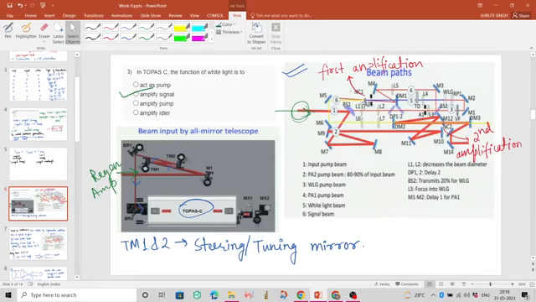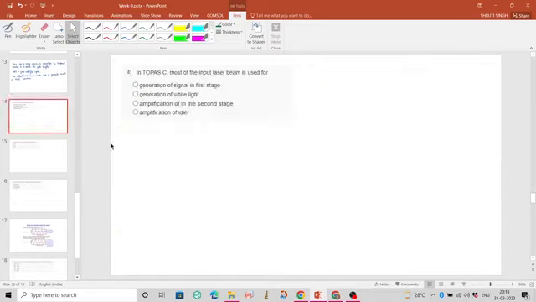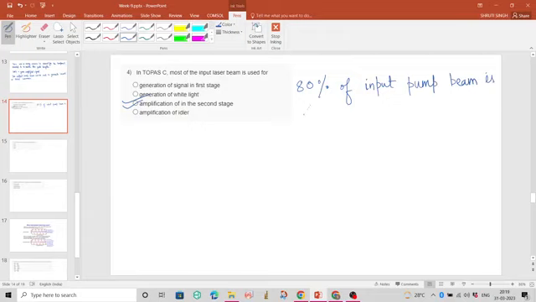Then we get the signal with moderate amplification, and then at nonlinear crystal 2, we use this 80% light to get higher amplification. So most of the input laser beam is used for amplification in the second stage, which is 80% of the input pump beam.